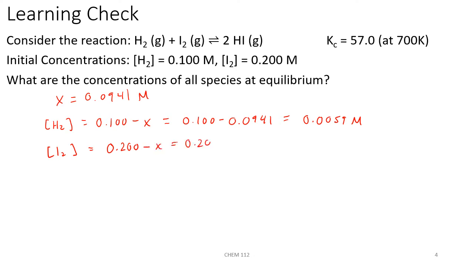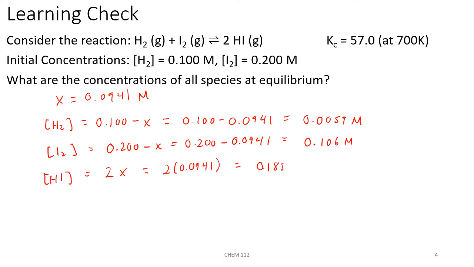So that equals 0.2 molar minus 0.0941. And our I2 concentration is 0.106 molar. And our product, the HI concentration, was 2 times x. So that'll be 2 times 0.0941, which comes out to 0.188 molar as the final concentration at equilibrium.